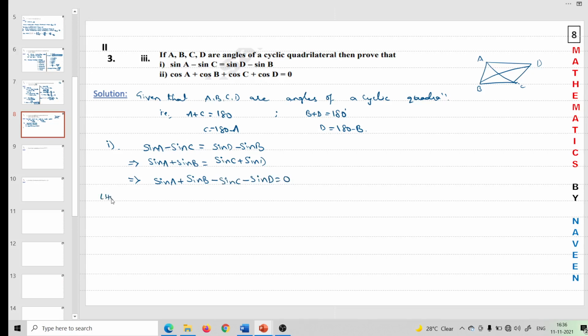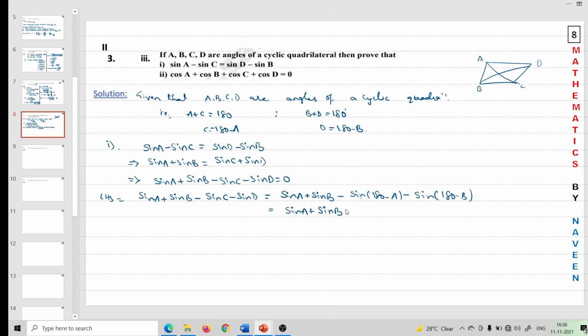Now I am considering LHS here. Sin A plus sin B minus sin C minus sin D is equal to, first two as they are, sin A plus sin B, minus sin of 180 minus A, minus sin of 180 minus B. D value is 180 minus B. So that is equal to sin A plus sin B, and for 180 minus theta, in the second quadrant sin values are positive, there is no change in the trigonometric ratio.